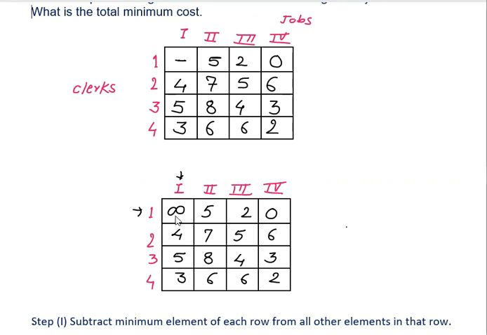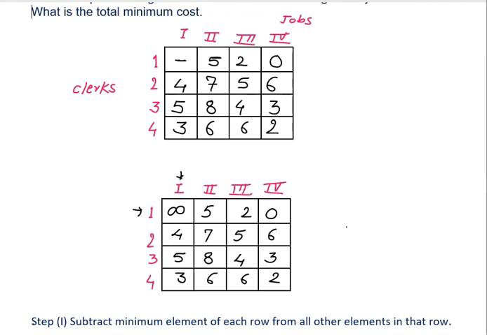It will remain infinity, it will not change to 0, and therefore we cannot assign clerk 1 to job 1, because this will never become 0. Now let us solve this problem with the restriction that clerk 1 cannot be assigned to job 1 by the usual method.